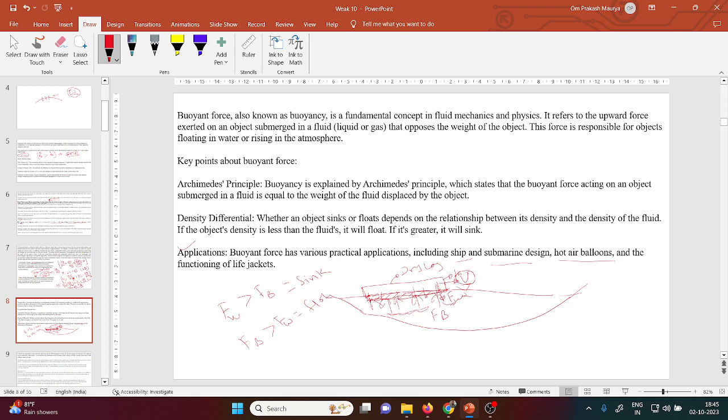But the concept behind the buoyant force is the weight of the fluid, and how much force is exerted on the floor of the ship from the water side.